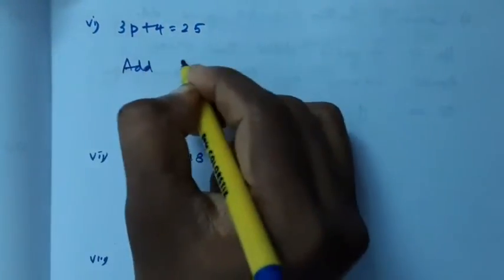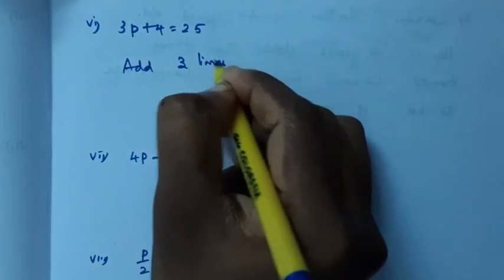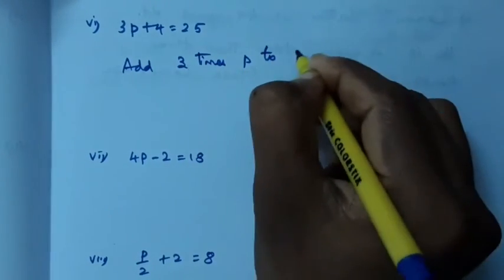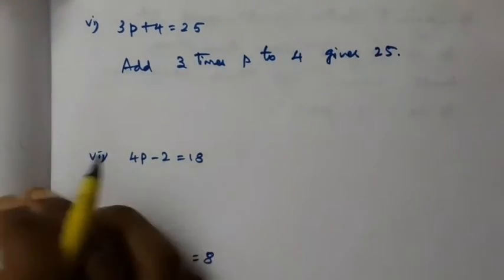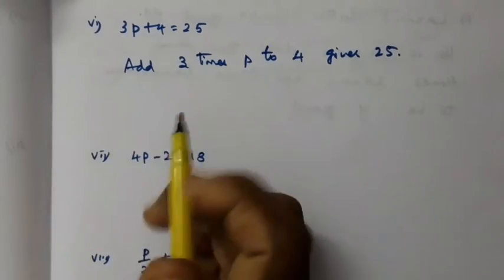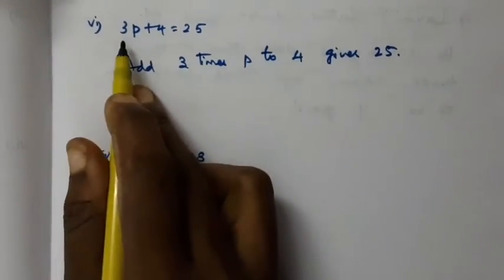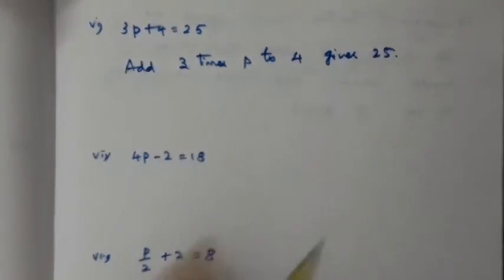Now we can write this 3p is 3 times p. Add 3 times p to 4 gives 25. So add 3 times p, which is 3p, to 4 gives 25.